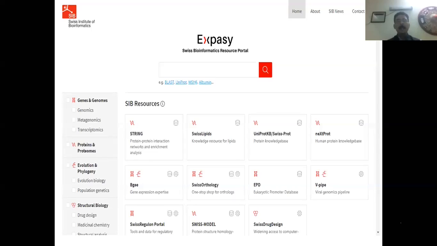This is developed by the Swiss Bioinformatics Resource Portal, generated by the Swiss Institute of Bioinformatics from Switzerland. There are thousands of different tools which can be used successfully for any kind of bioinformatics analysis. The website is expasy.org.